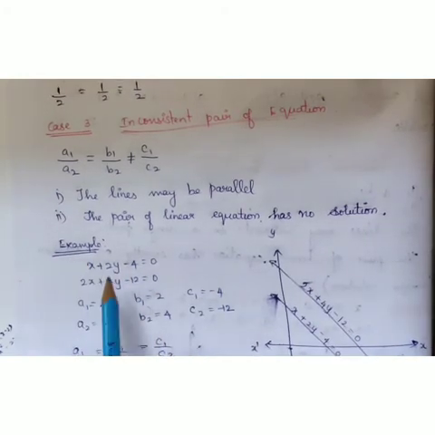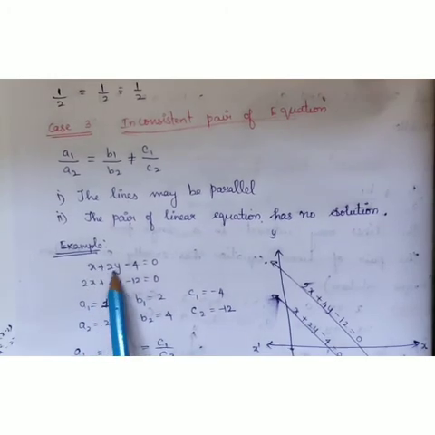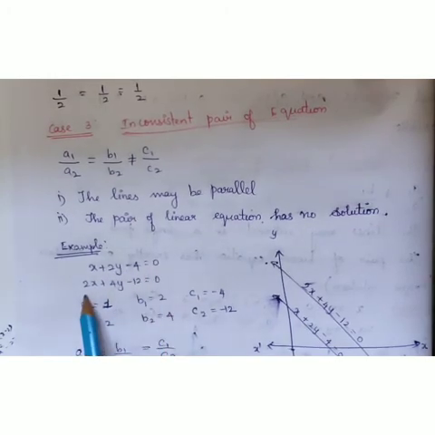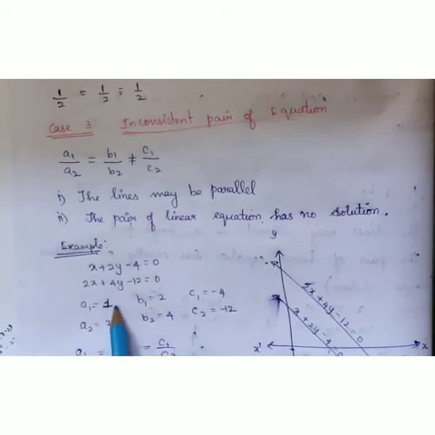Now example, see here, I have taken two equations: x plus 2y minus 4 equal to 0 and 2x plus 4y minus 12 equal to 0. a1 value is 1, a2 value is 2, b1 value is 2, b2 value is 4, c1 value is minus 4, c2 value is minus 12.